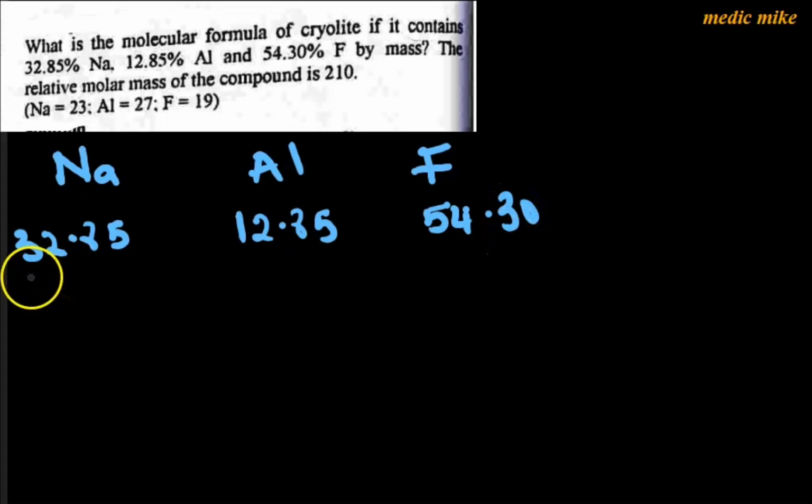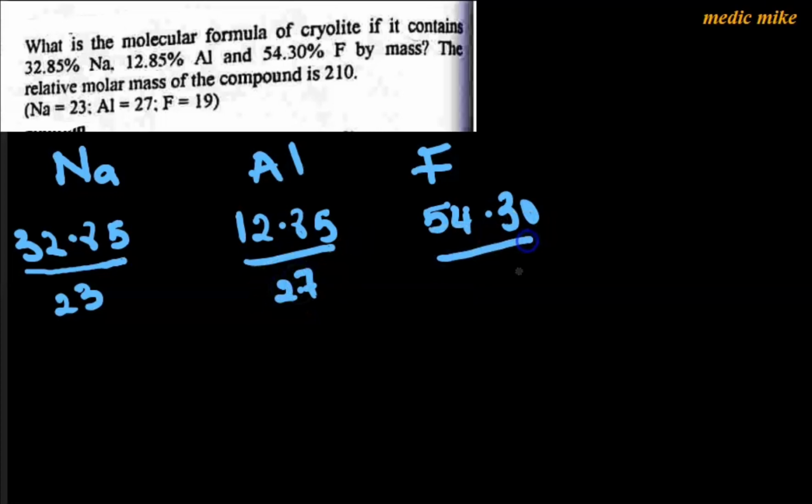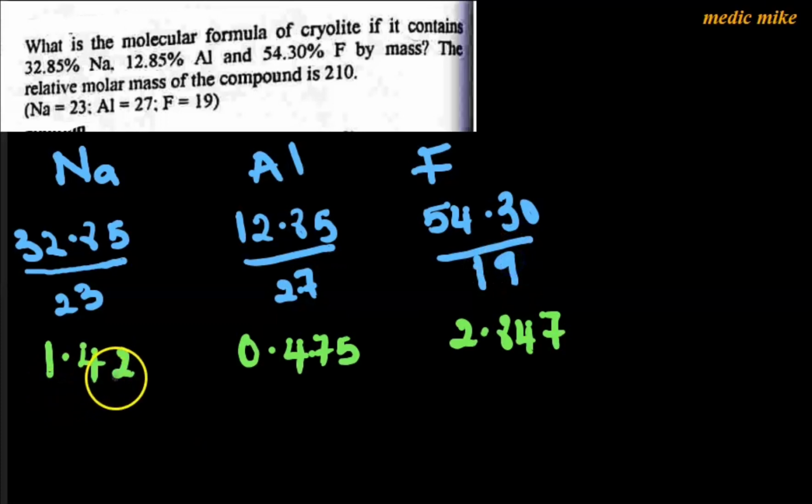Next, we'll find the mole by dividing by their molar mass, which is 23, 27, and 19. So when you divide through, you get 1.42 mole for sodium, 0.475 mole for aluminium, and 2.847 for fluorine.